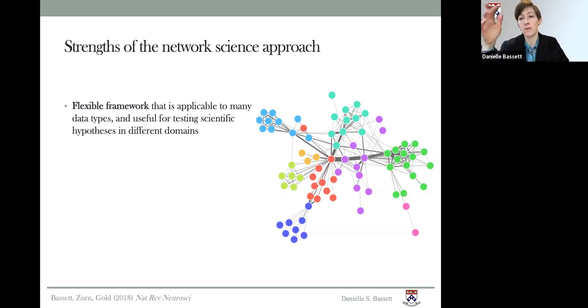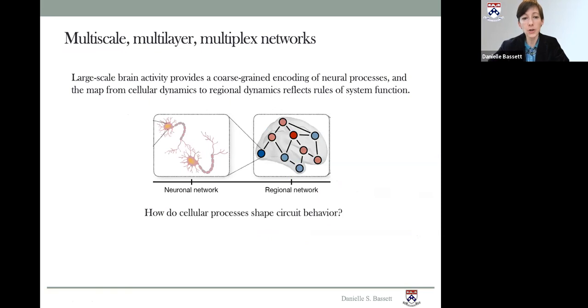scale brain regional information. So as an example, let's think through what are the kinds of questions and scales that network science can approach with the same mathematical formalism in the context of neuroscience?